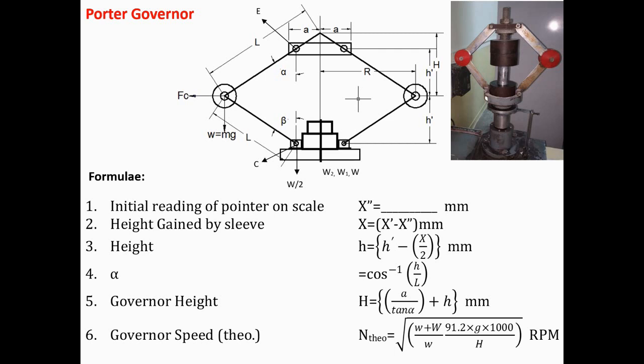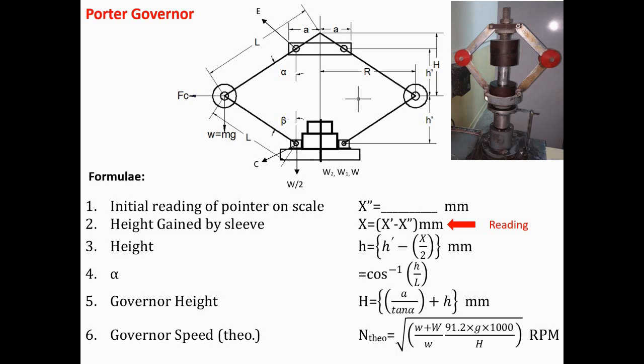Height gained by the sleeve can also be measured from the scale. Height small h in millimeter you can calculate from the geometry as well as from the reading. Now alpha value from this particular diagram you can also calculate.